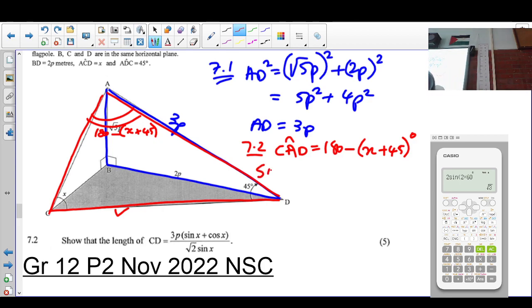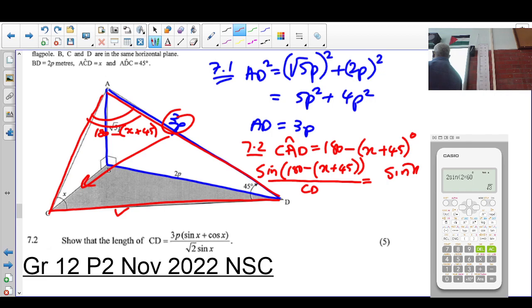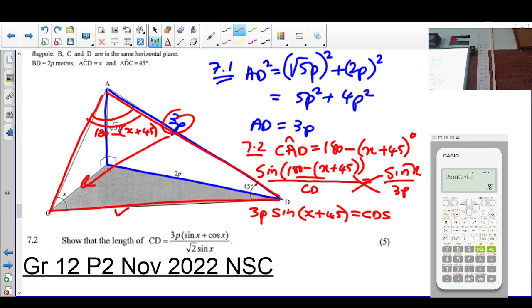So we say sine of 180 minus x plus 45 over CD is equal to, because you want to pick up 3p, we're going to go with an angle opposite, which is sine x over 3p. I'm going to cross multiply and reduce. So that would simply be, 180 minus is in the second quadrant, sine is positive. So it's 3p sine x plus 45 is equal to CD sine x.